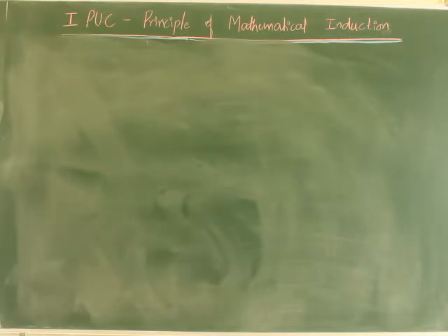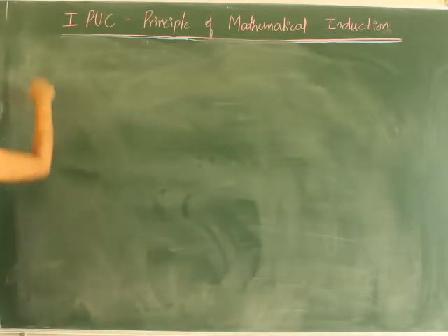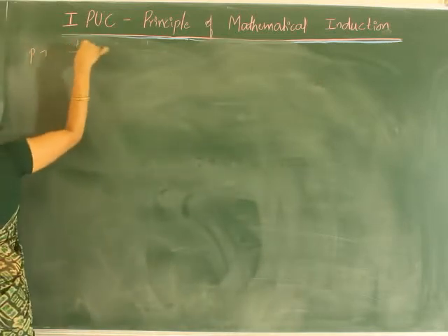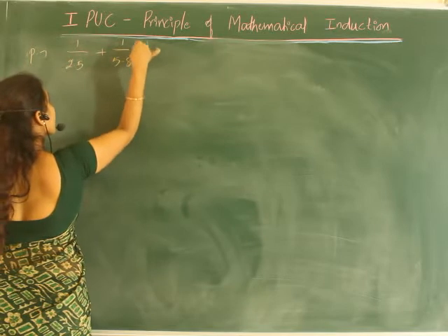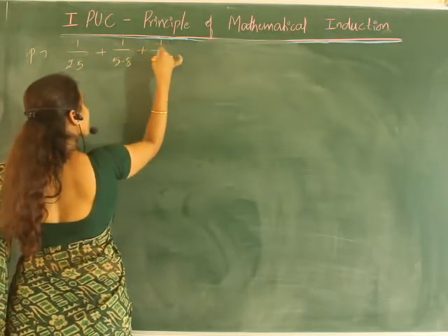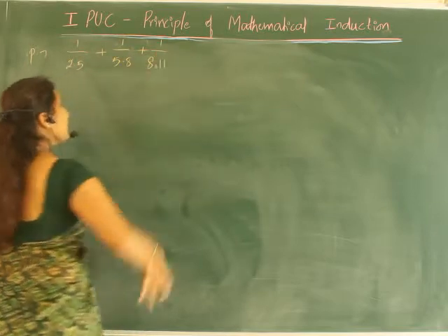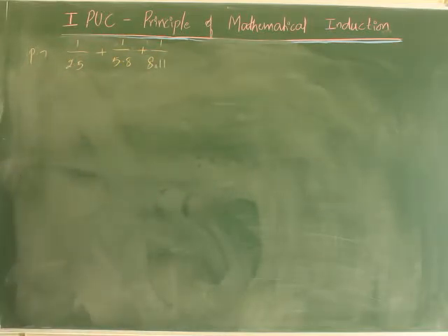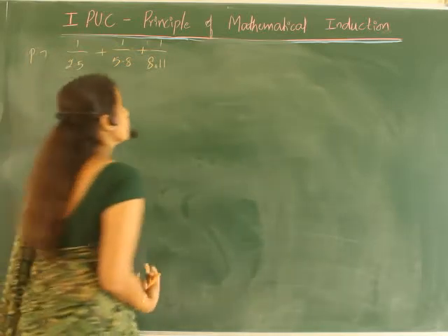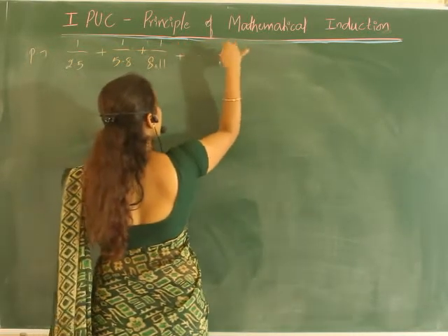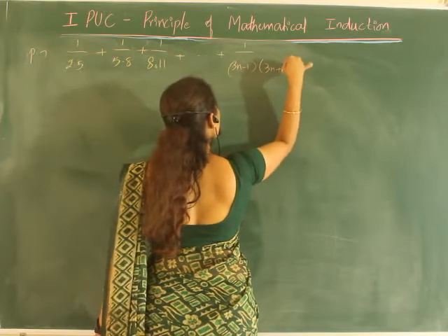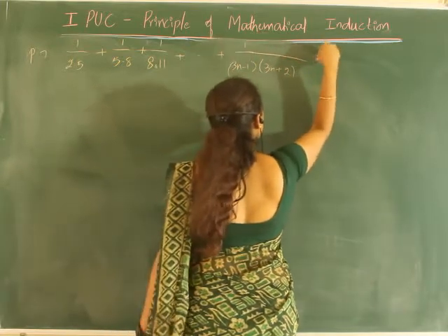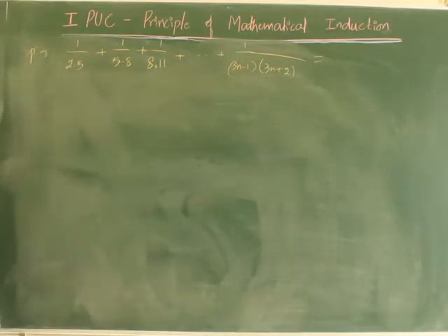Next one: 1 by 2 into 5 plus 1 by 5 into 8 plus 1 by 8 into 11, and so on up to 1 by 3n minus 1 into 3n plus 2, is equal to n by 6n plus 4.